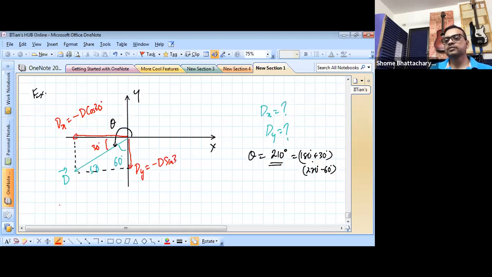So that is why, in fact, we have this formula that cos of 210 becomes minus cos, and sine of 210 becomes minus sine.